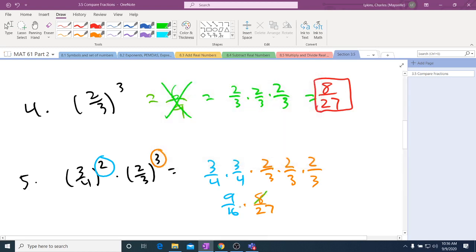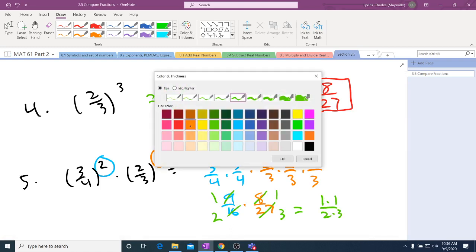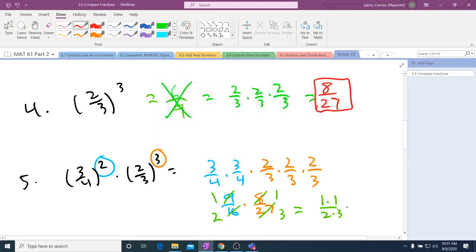Now I can say, okay, 8 goes into itself one time. 8 goes into 16 2. 9 goes into itself one time. 9 goes into 27 3. So then I have 1 times 1 over 2 times 3, which gives me 1 over 6.